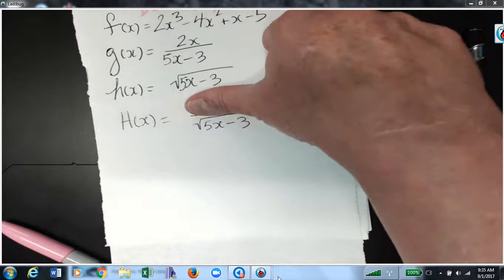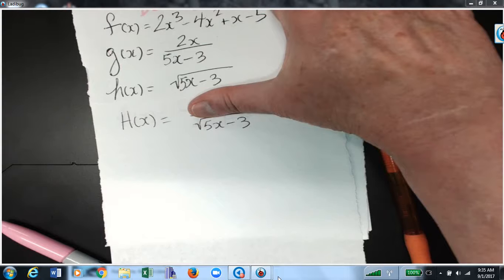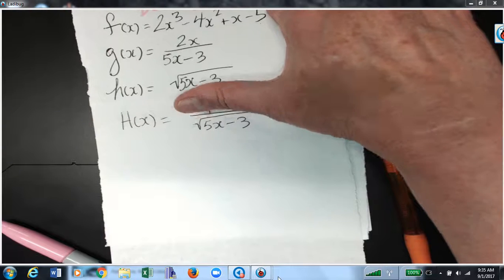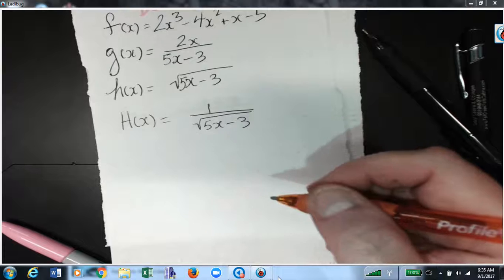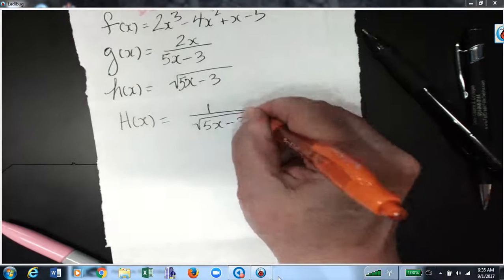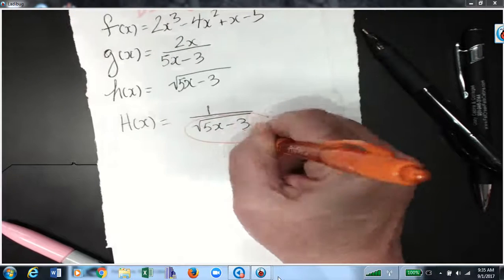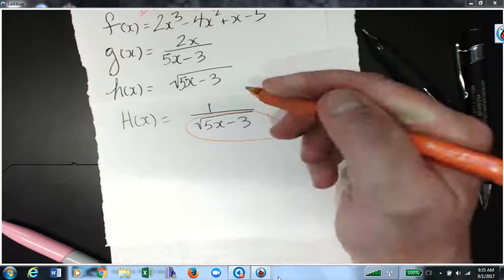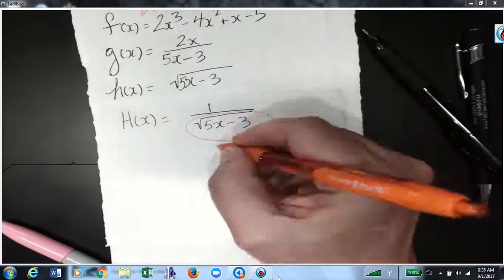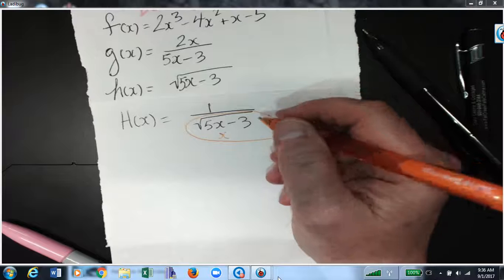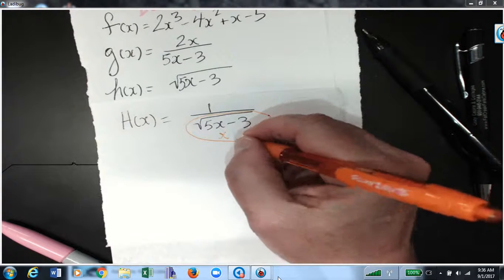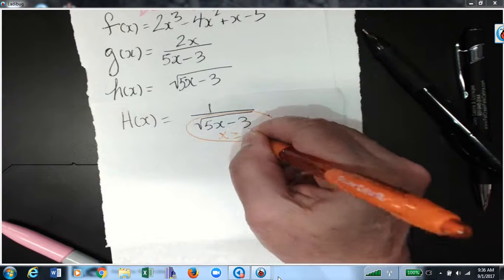And so as far as the even root goes, we have to abide by that restriction. So let me do this in orange. If I just consider the square root, then from the previous problem, the restriction just for the square root, if I'm not considering the fraction, is that X is greater than or equal to 3/5.